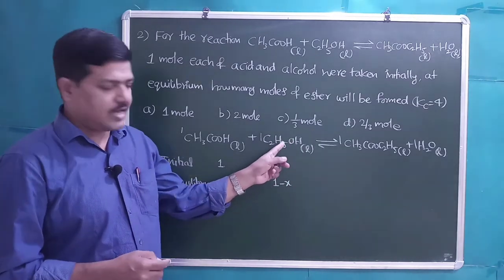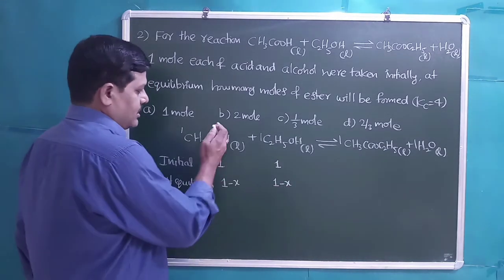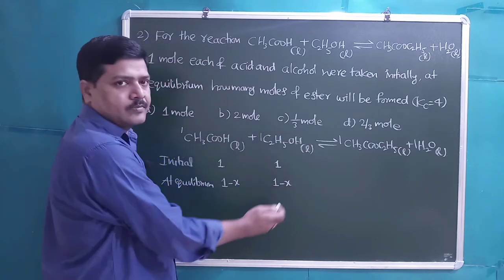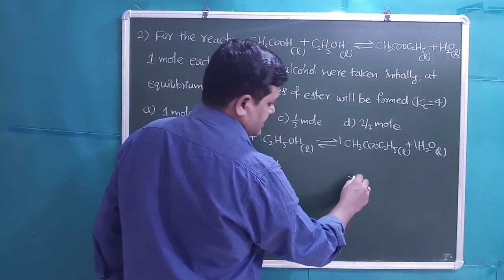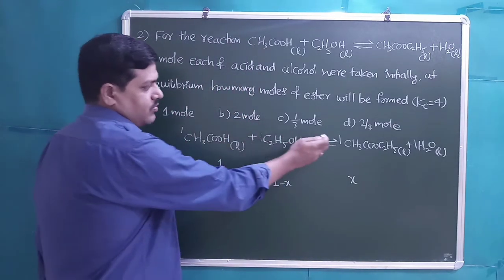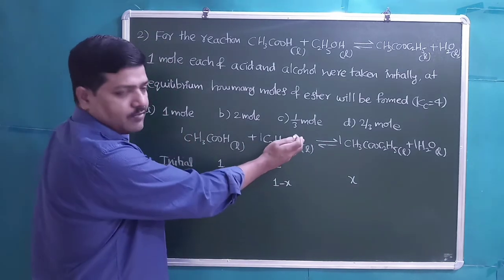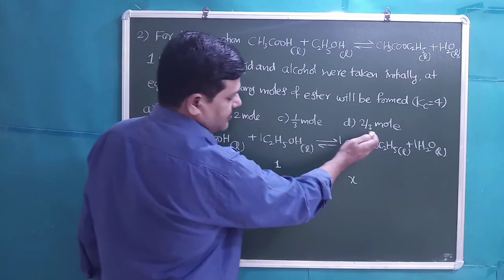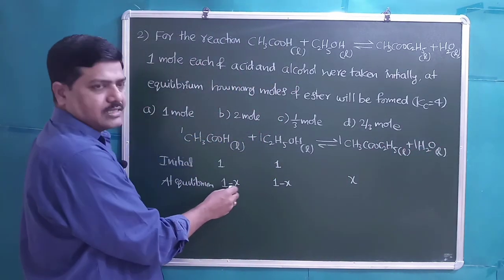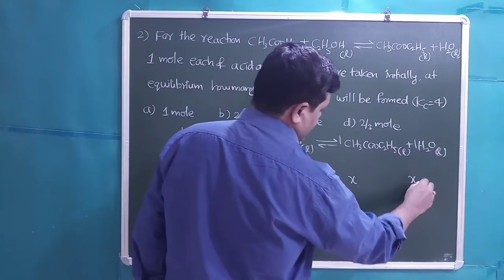Remaining moles of alcohol at equilibrium is 1 minus X. Moles of ester formed is X, because the ratio is 1:1:1:1. When 1 mole of acid reacts with 1 mole of alcohol, it gives 1 mole of ester and 1 mole of water. When X moles are reacted, moles of ester formed is X and moles of water formed is also X.